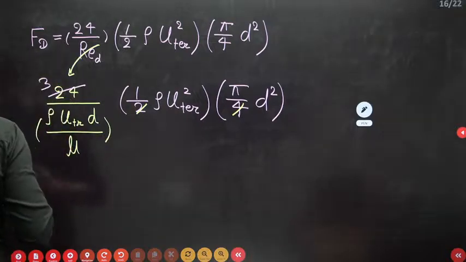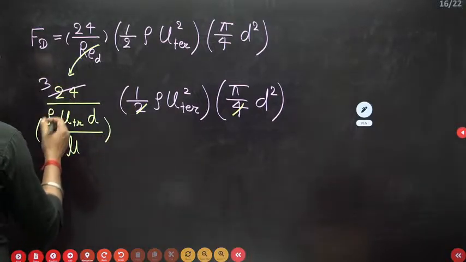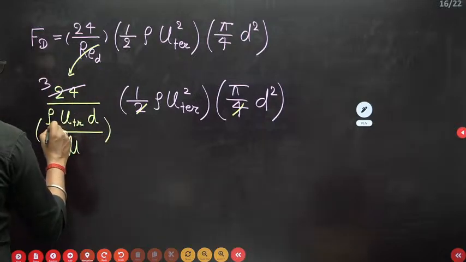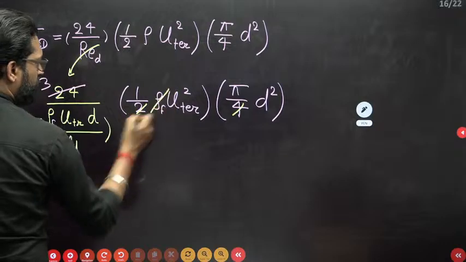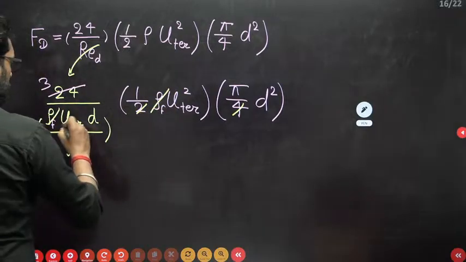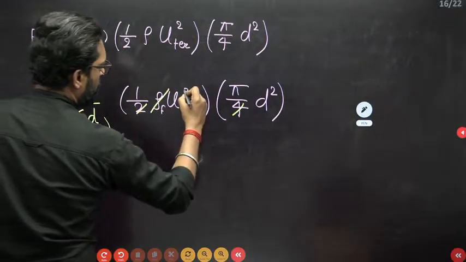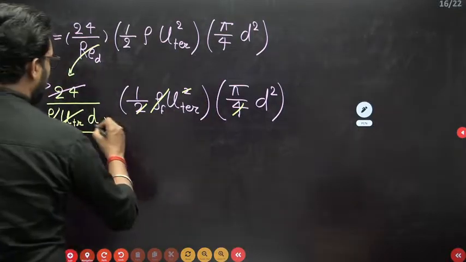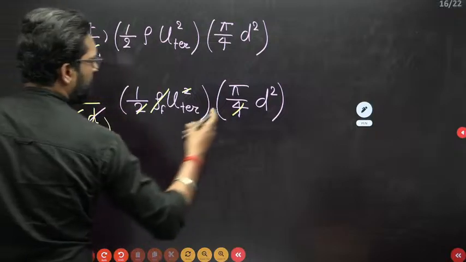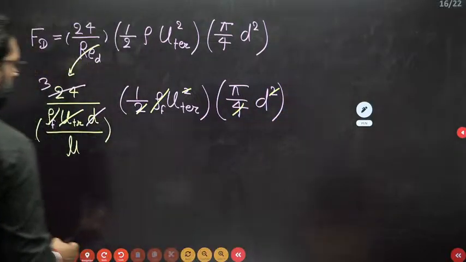Clear? Density, this is your density of the fluid, obviously. So this density cancels out. This terminal velocity, there is one terminal velocity, it cancels out. This D and this D cancel out. Clear?